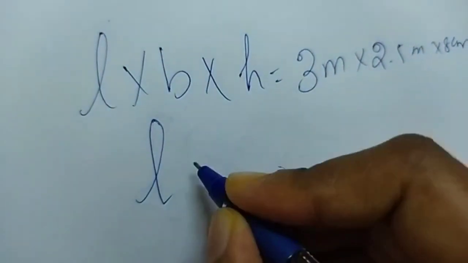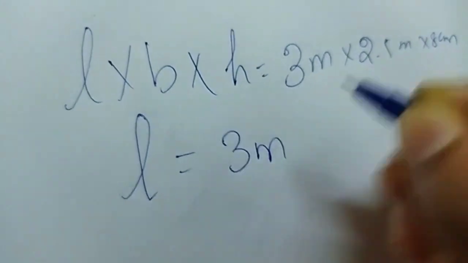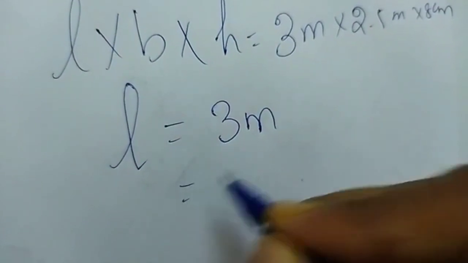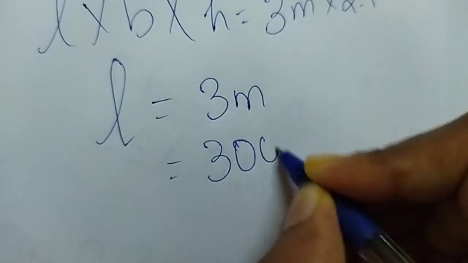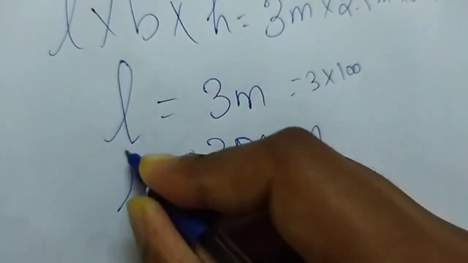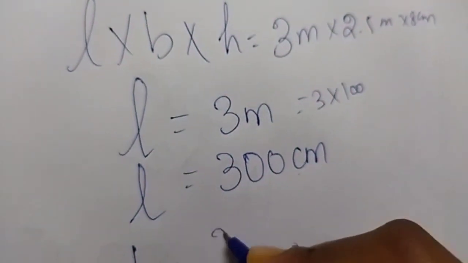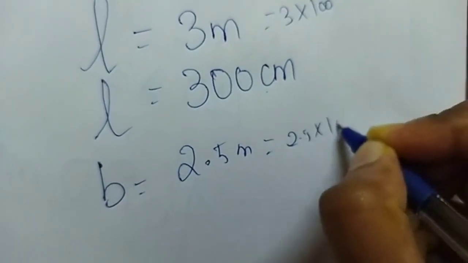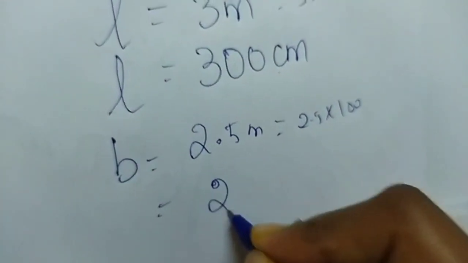So L is equal to 3 meter. We know that 1 meter is equal to 100 centimeter. Then 3 meter is equal to 3 into 100, that is 300 centimeter. And breadth is equal to 2.5 meter. So 2.5 into 100, which is nothing but 250 centimeter.